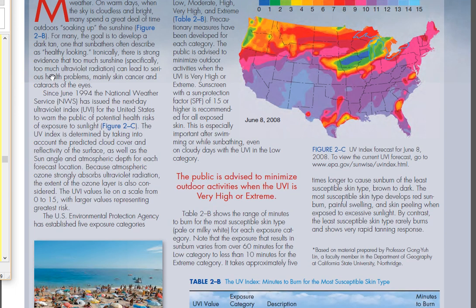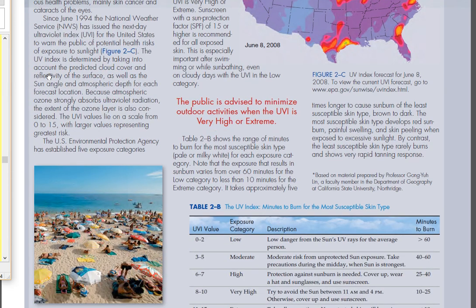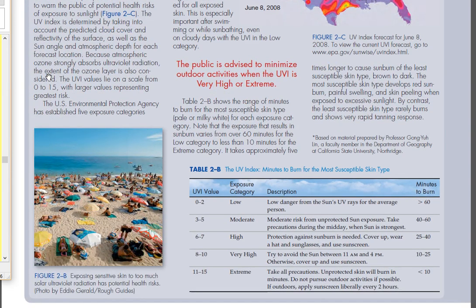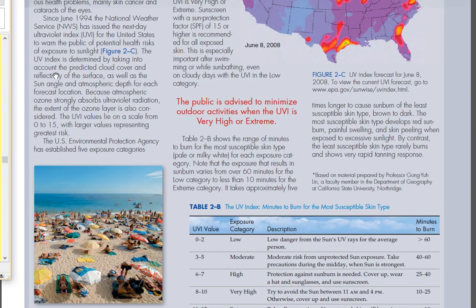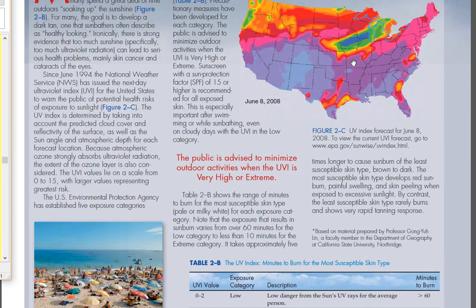Since June 1994, the National Weather Service, NWS, has issued the Next Day Ultraviolet Index, UVI, for the United States to warn the public of potential health risks of exposure to sunlight, Figure 2c. The UV index is determined by taking into account the predicted cloud cover and reflectivity of the surface, as well as the sun angle and atmospheric depth for each forecast location.